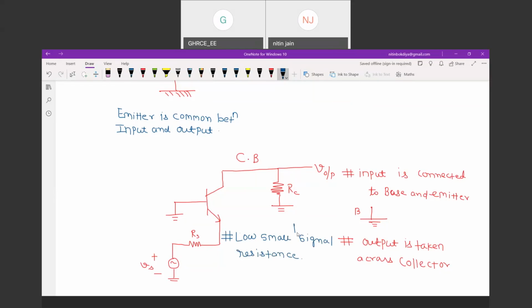So one very important term is input resistance, and what I can say, the output resistance is high. अभी ये प्रूव करेंगे हम सारा सर्किट एनालिसिस लगा के. आउटपुट रेजिस्टेंस is high.